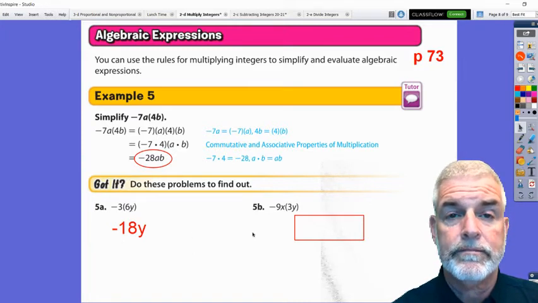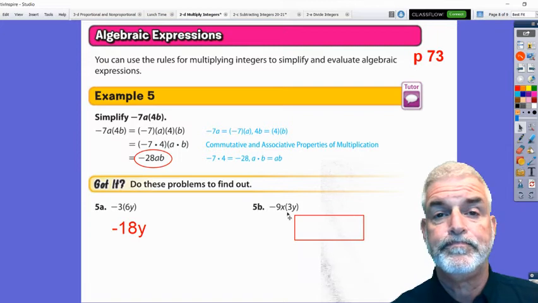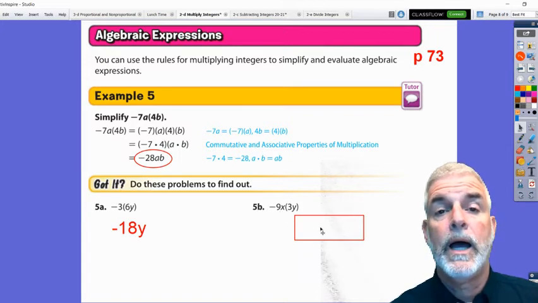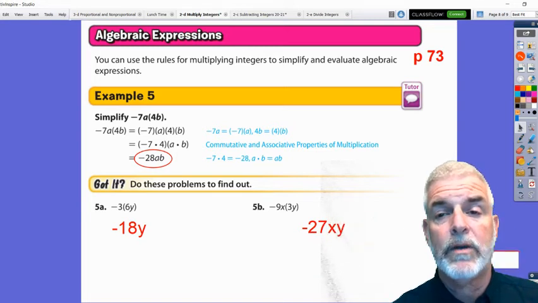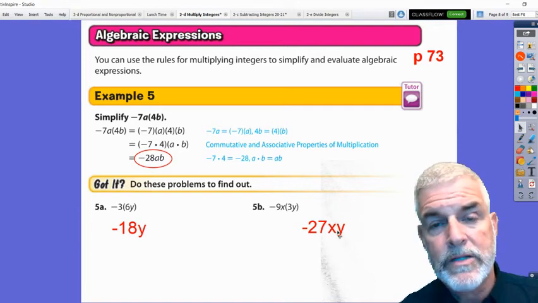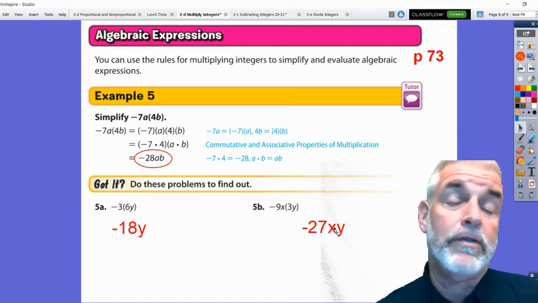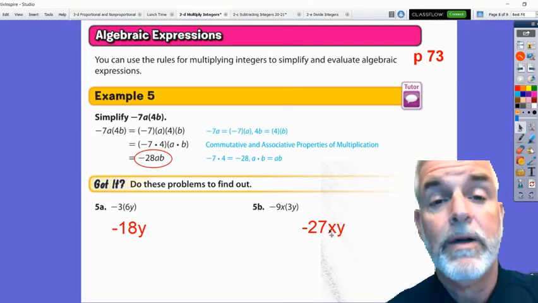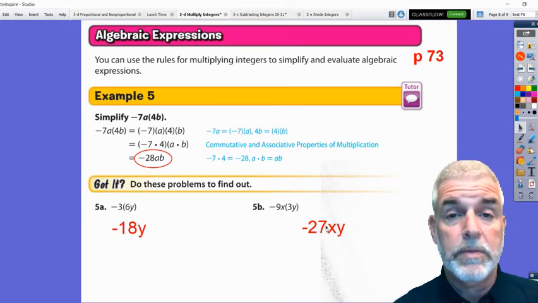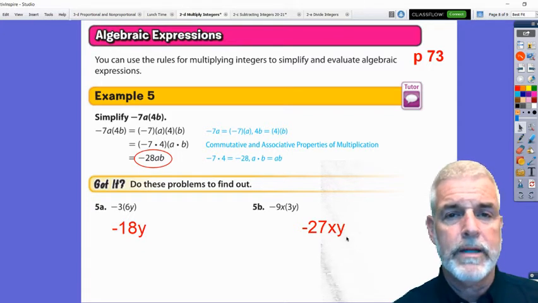Answer is negative. 5b. That's going to be -27, -9 times 3, and x and y. Now, if you put dots in between these, that's okay. You can put them in parentheses, but there's no reason to. Again, letters next to each other and numbers right next to letters always means multiplication. So this is the stylish way to write these expressions.